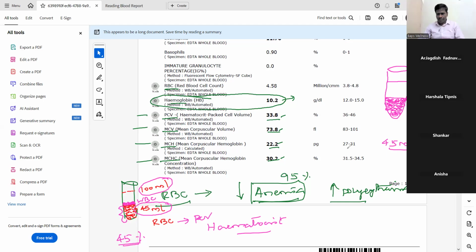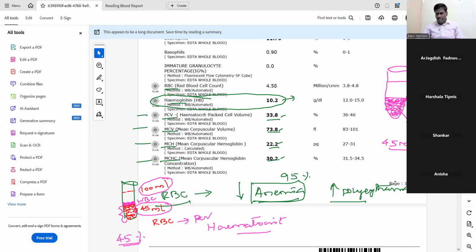Any idea how many RBCs will generally be there in 1 ml of blood in a healthy person? It is around 5 million in 1 ml of blood.